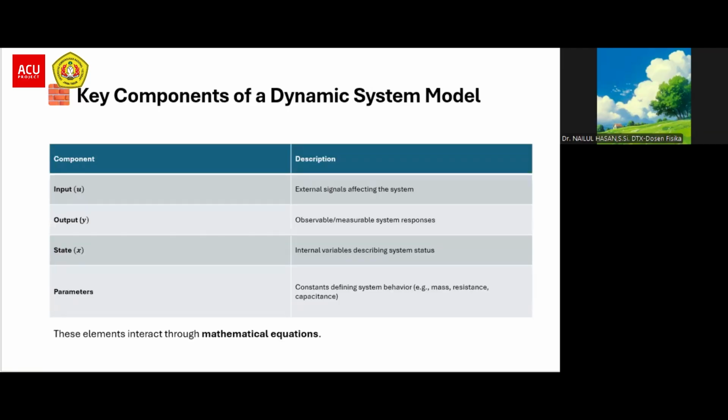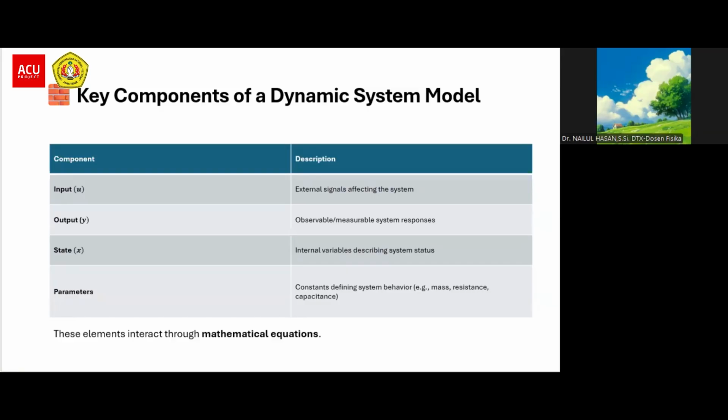Every model has key components. Inputs, the signals or actions applied to the system, like pressing the accelerator, and we have outputs, the measurable results, like the car speed, internal states, conditions inside the system, like temperature, pressure, or stored energy.